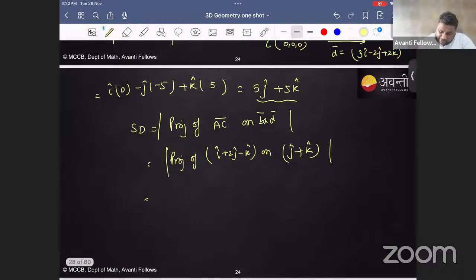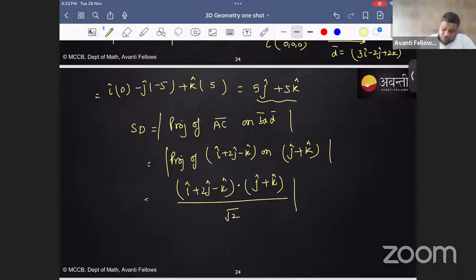So that will be (i cap plus 2j cap minus k cap) dot (j cap plus k cap) upon magnitude of j cap plus k cap, which is root 2. So your answer becomes (2 minus 1)/root 2, which is 1 by root 2. So this is how we find the shortest distance between these two lines. Am I clear?